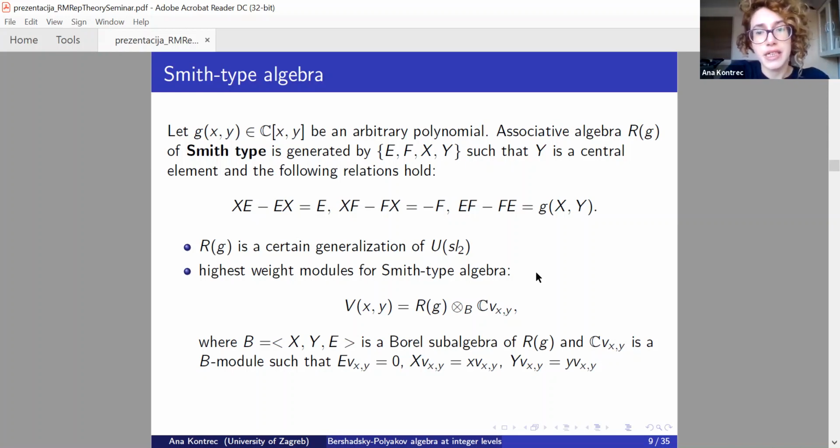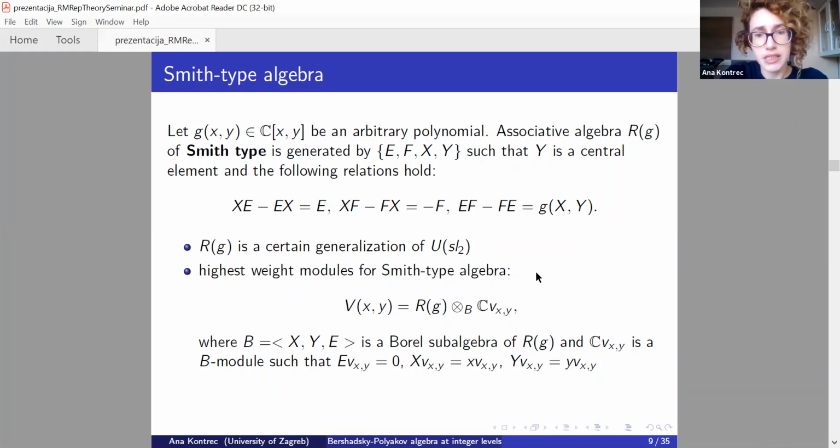And these associative algebras have been studied, I believe, in the 80s independently, not related to vertex algebra theory. And there's a lot of theory developed already for them, like the highest weight modules, category O, and so on.